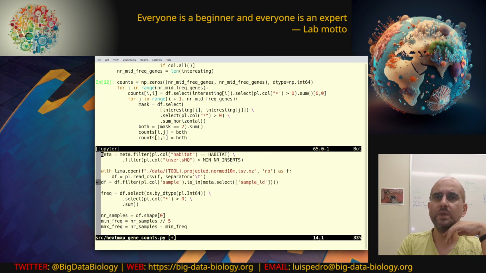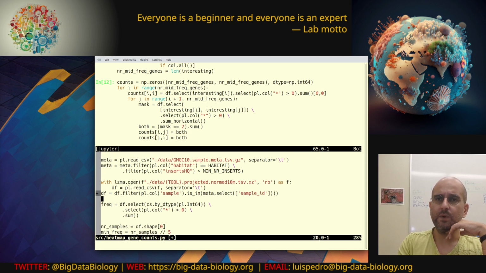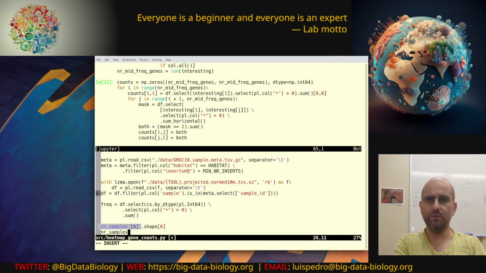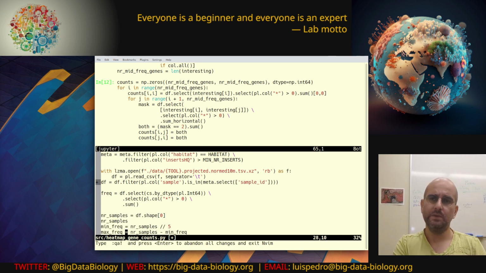All right. So we load the data as before, and we count the frequency of the genes, as before. Now the difference is that we take the number of samples and select only genes that appear between a minimum and maximum.